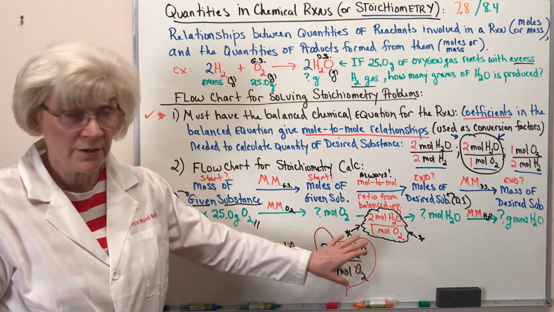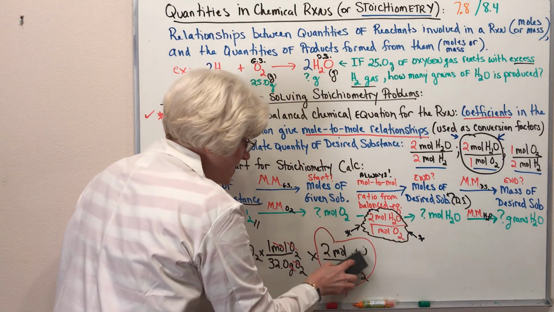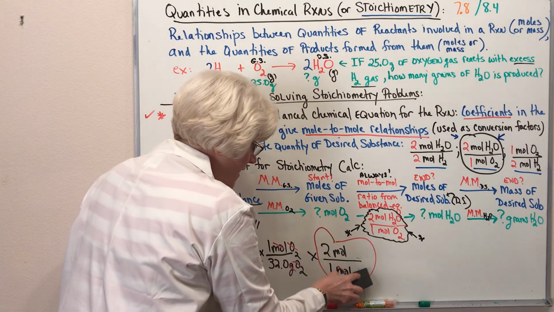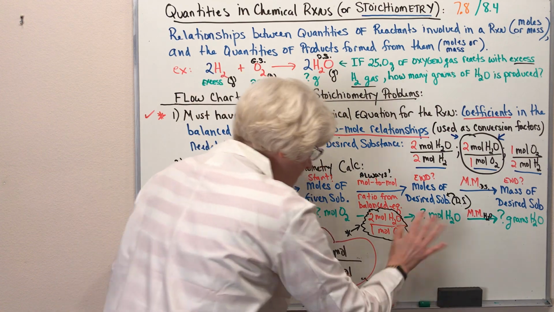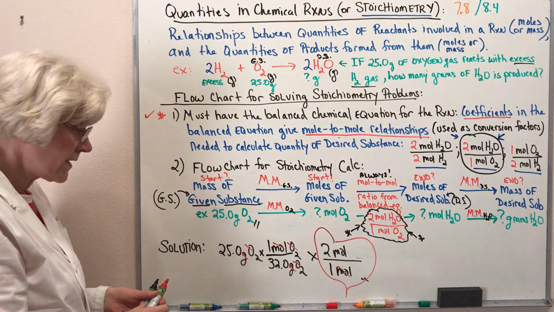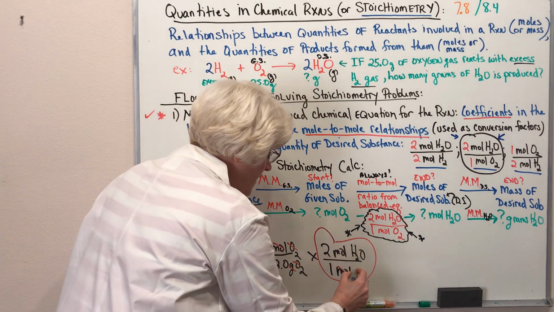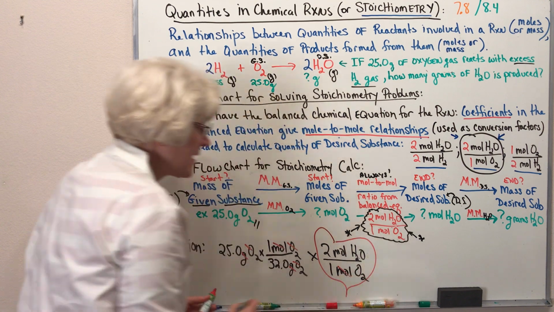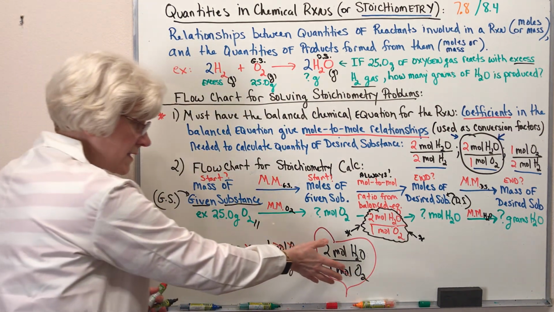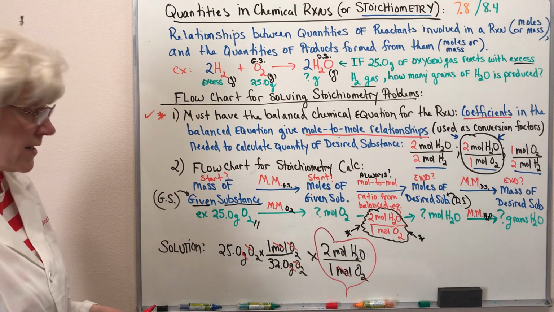Make sure you're labeling. In other words, don't try to take unnecessary shortcuts and forget to put the labels in, because that can confuse you whether you've written it properly or not. So make sure that you are labeling the identity of each substance. That lets you know what form to use the conversion factor.